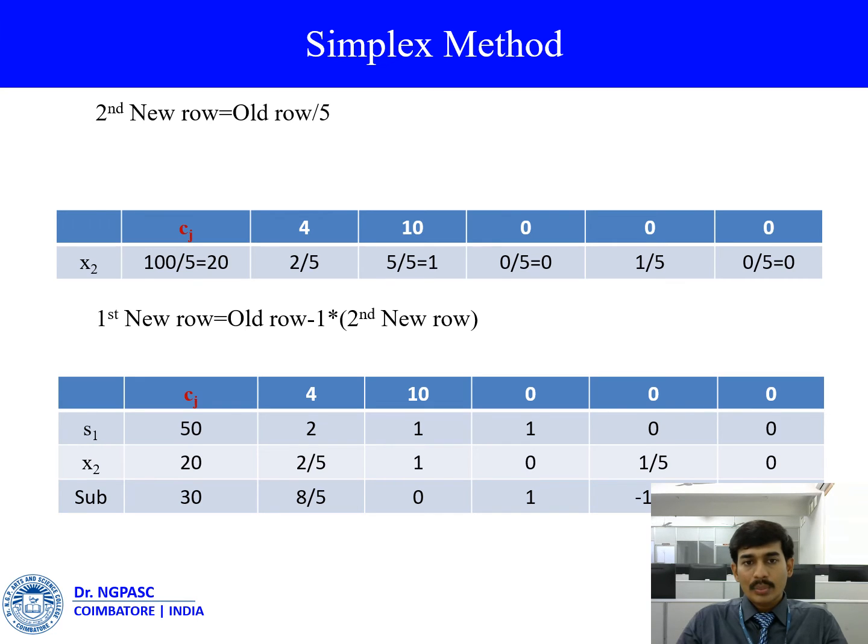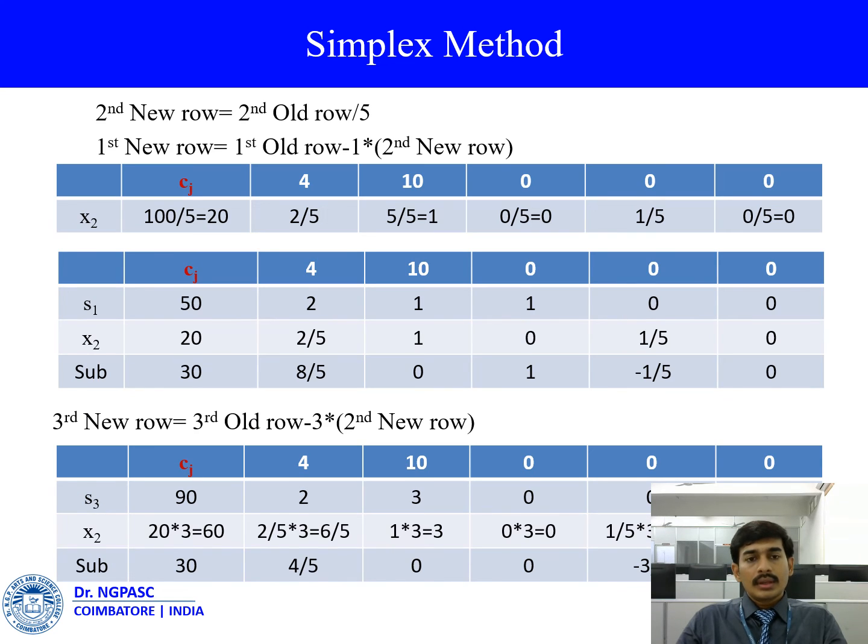Subtraction means old row minus 1 times the second row. So 50 minus 20 equal to 30, 2 minus 2 divided by 5 equal to 8 by 5, 1 minus 1 equal to 0, then 1 minus 0 equal to 1. Then 0 minus 1 by 5 equal to minus 1 by 5, and 0 minus 0 equal to 0.